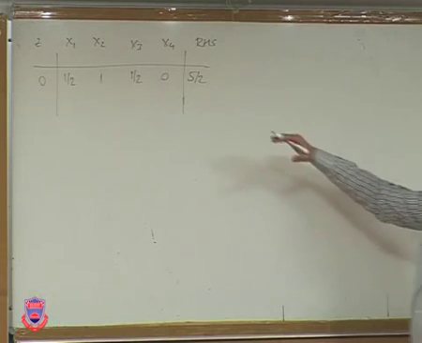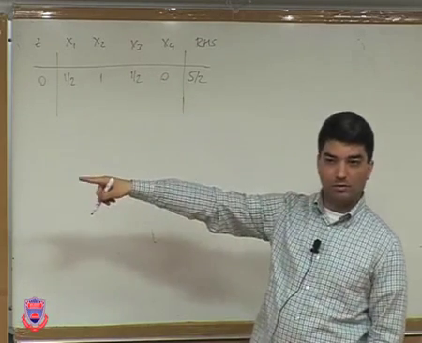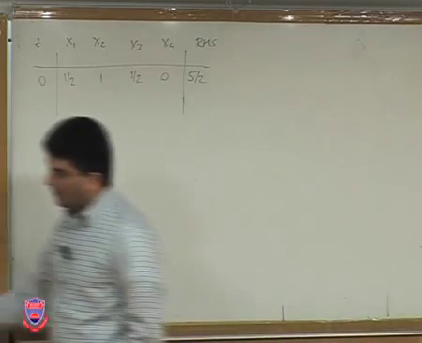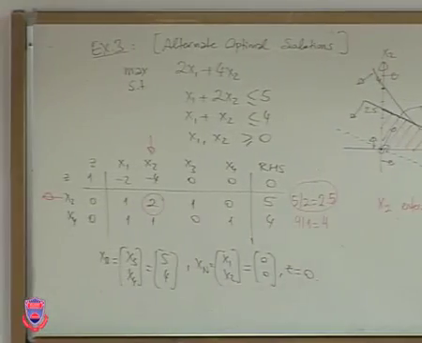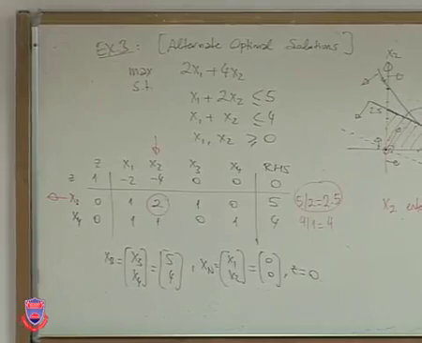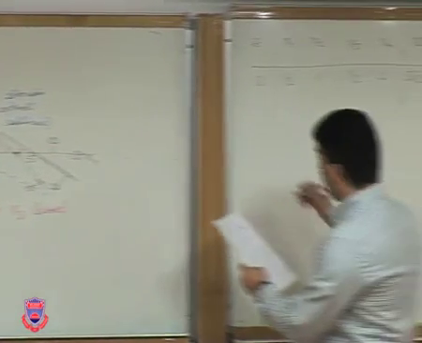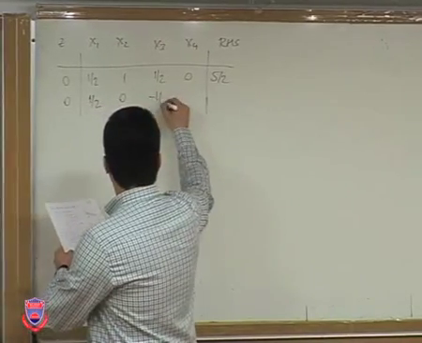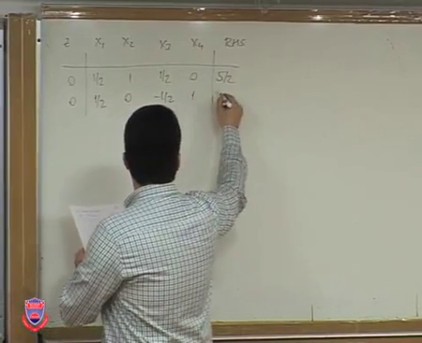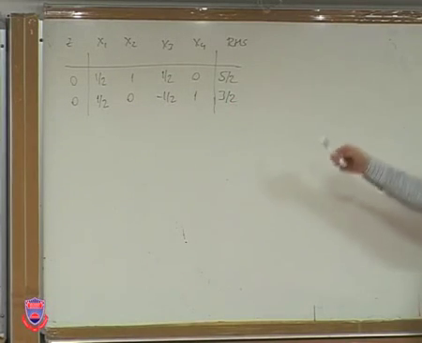Then I'm going to take this row 1, multiply it by minus 1, and add it to row 2, to make the entry here equal to 0. If you do that, you end up with 0, 1 over 2, 0, minus 1 over 2, 1 and 3 over 2. So that takes care of row 2.